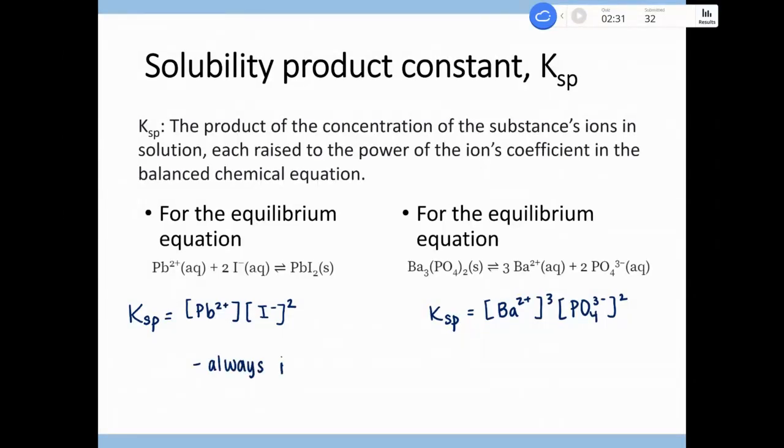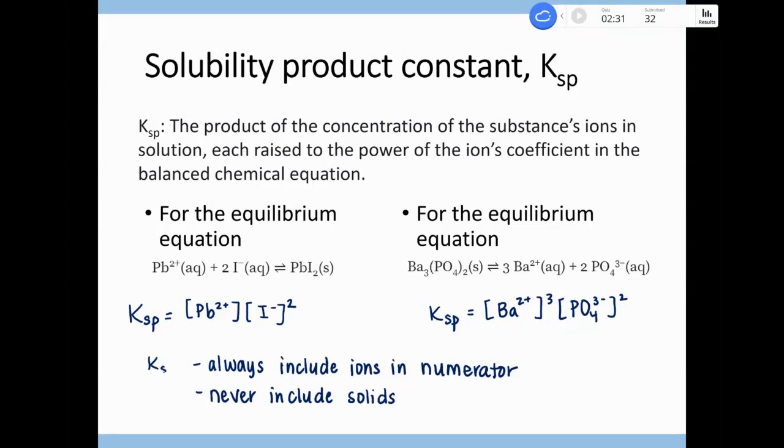So just to write that down, always include ions in the numerator. Never include solids. So this is for KSP specifically.